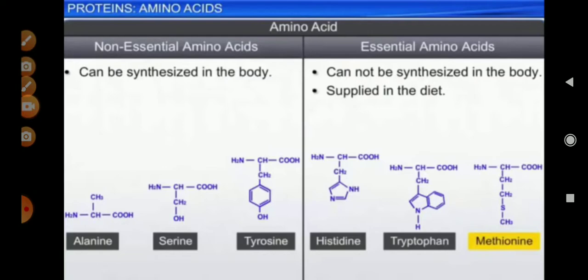But there are some amino acids which cannot be synthesized by the body. Such amino acids have an importance in our body, but the body is not synthesizing them. So there is a need to take these amino acids in our diet. These are some examples of essential and non-essential amino acids.